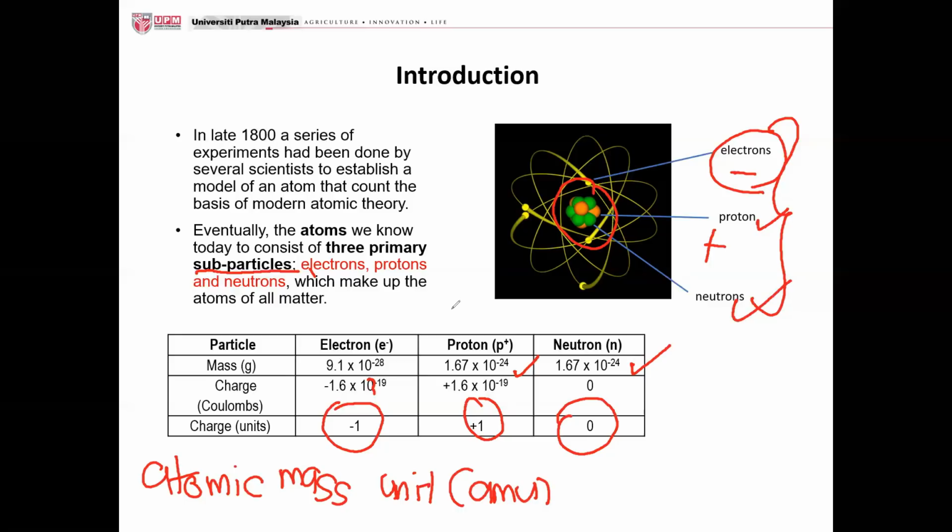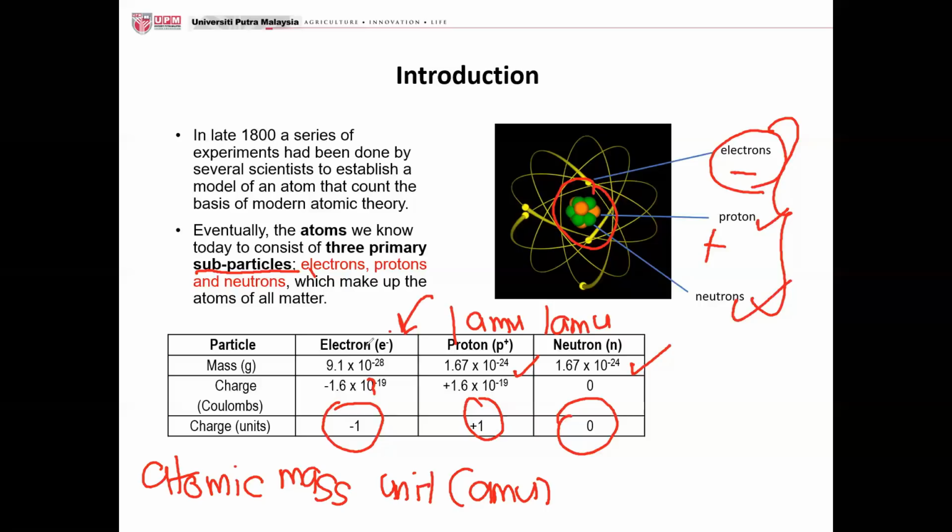Proton and neutron each have 1 amu, atomic mass unit.